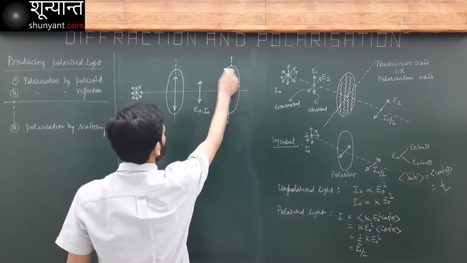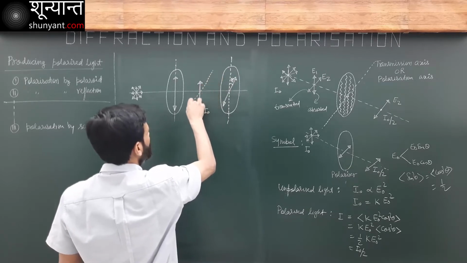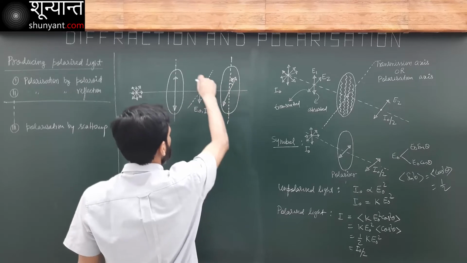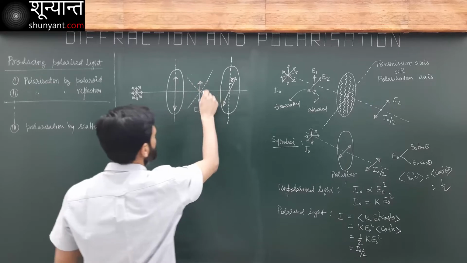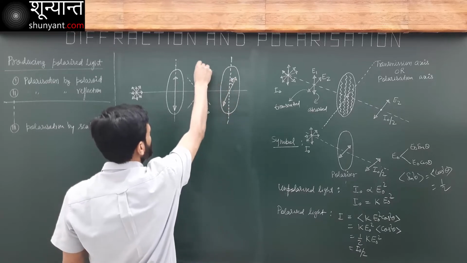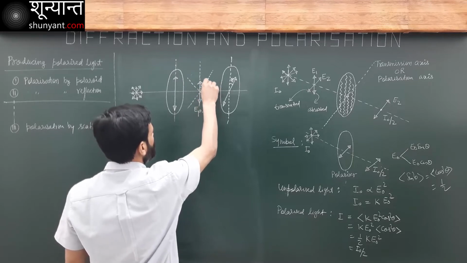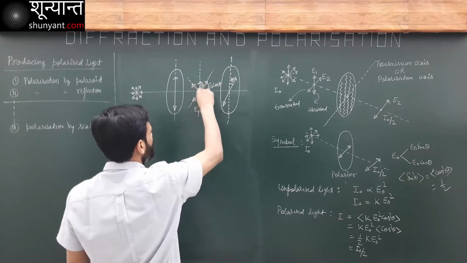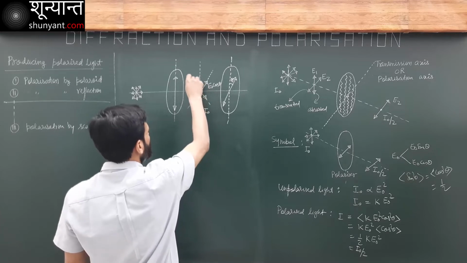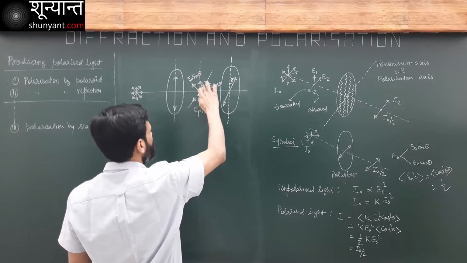One component along this polarization axis, and one component normal to it. This angle here is theta. So this component is going to be equal to E naught cos theta, and the other component here will be E naught sin theta. Makes sense? I am breaking this component.